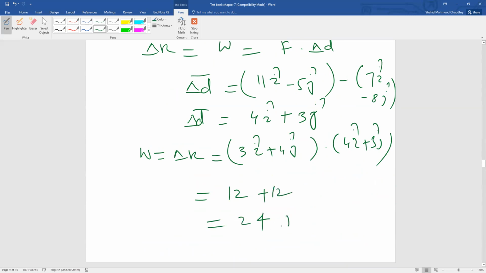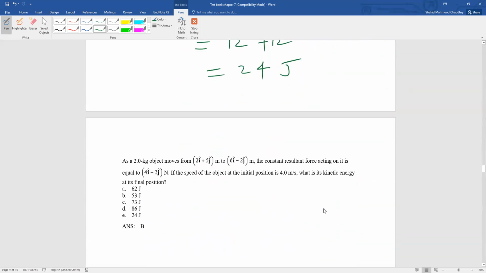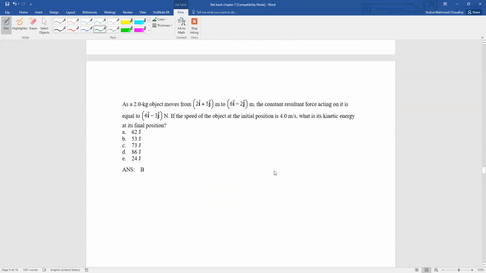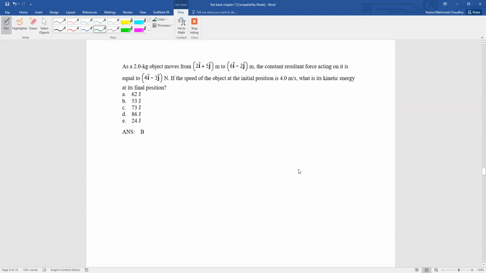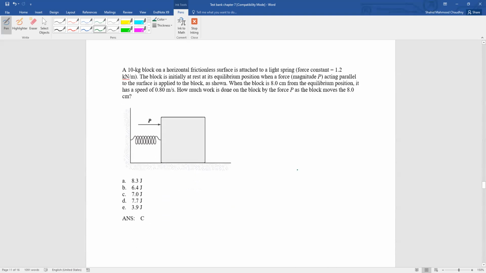So this is 24 joule. The answer will be 24 joule. Okay. Similarly, you can solve this one easily. This is the same type of problem. Okay, I solved this one.